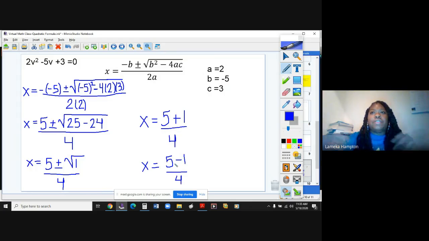Sometimes you may get two positive answers. Sometimes you may get a positive answer and a negative answer. But when you take the square root of a number, remember that is going to be a positive answer and a negative answer.